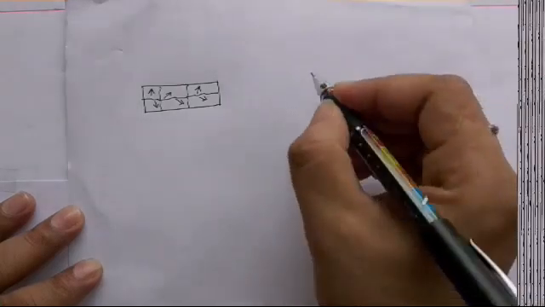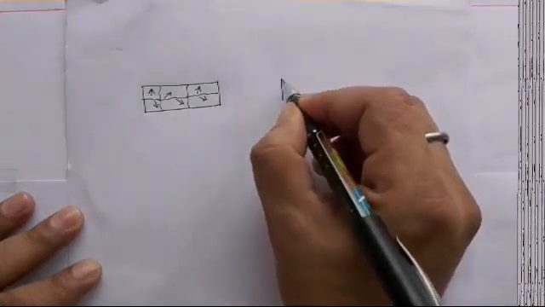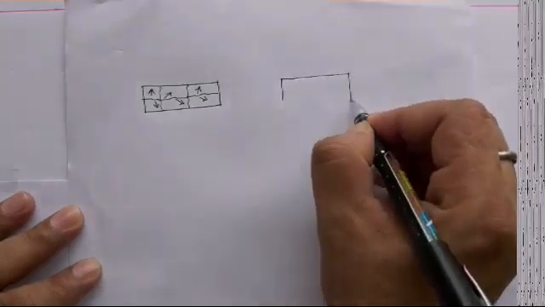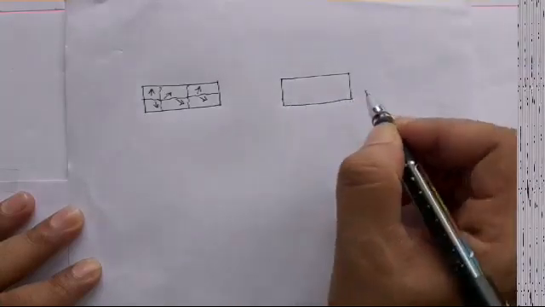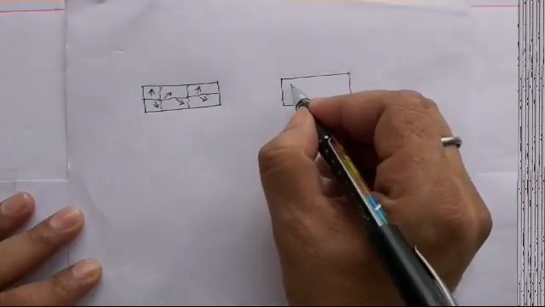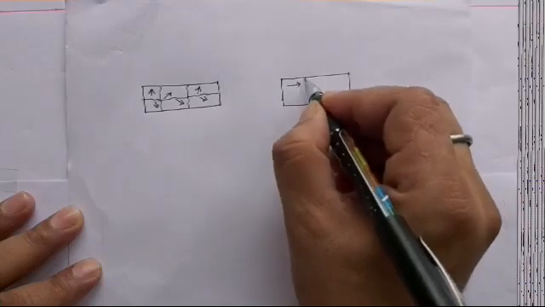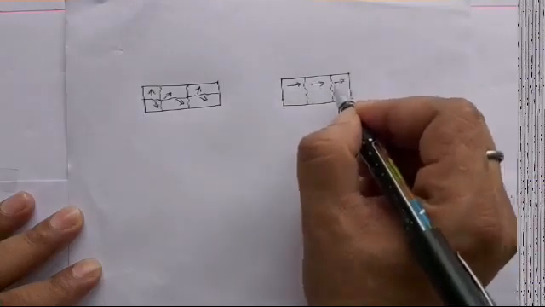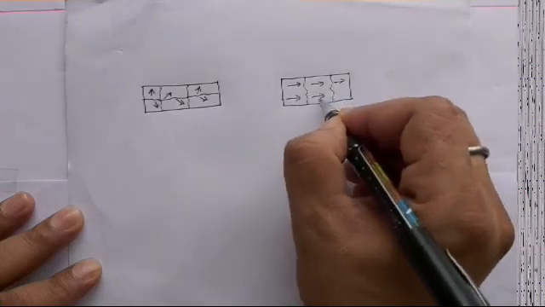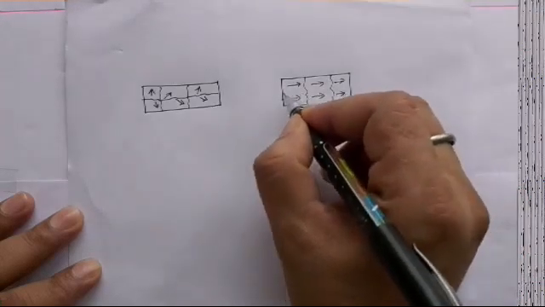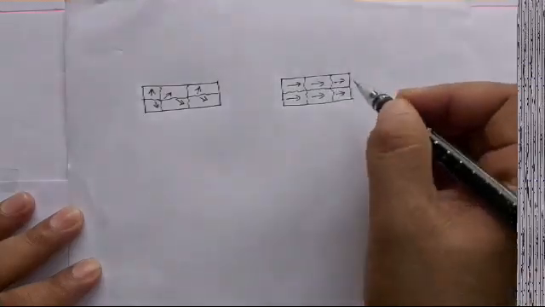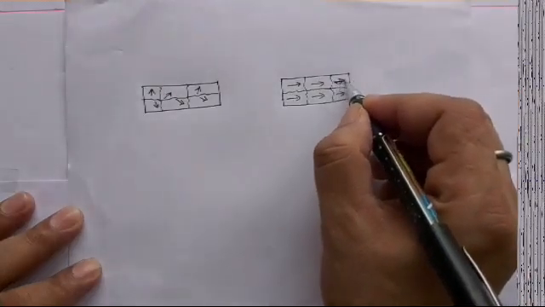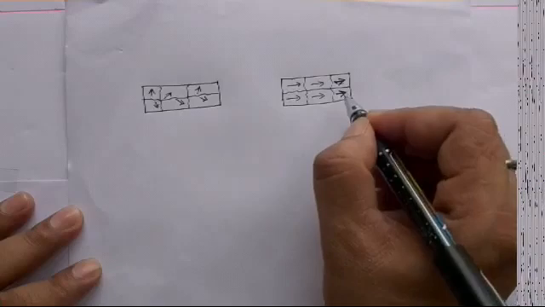Now if they are placed within the magnetic field, what happens? They will be experiencing this change in the direction of their domains. They will point towards the external magnetic field together, and their magnetic moment will add up.